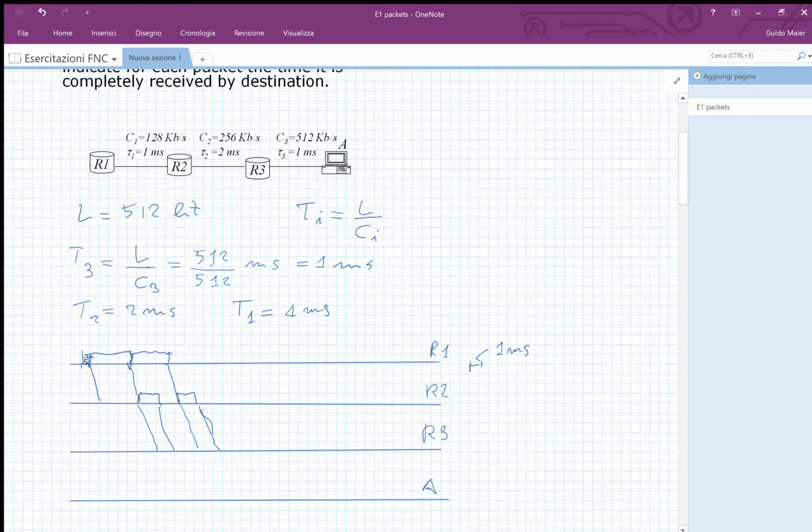Once the first packet has completely arrived in R3, R3 starts sending it on the output interface towards A, and in this case the transmission speed is twice as much as the one of the previous link, so we have already computed the transmission time, which is half, and it will take only 1 millisecond to be transmitted. The same for the second packet.